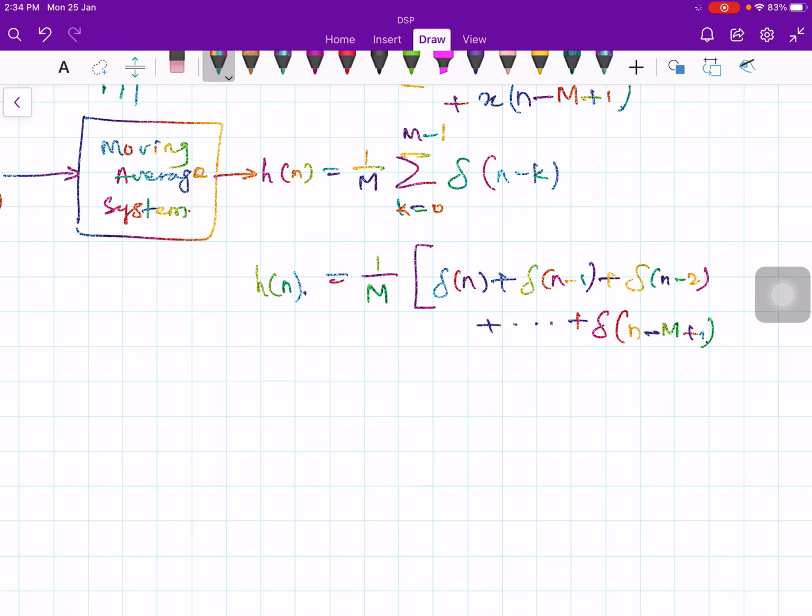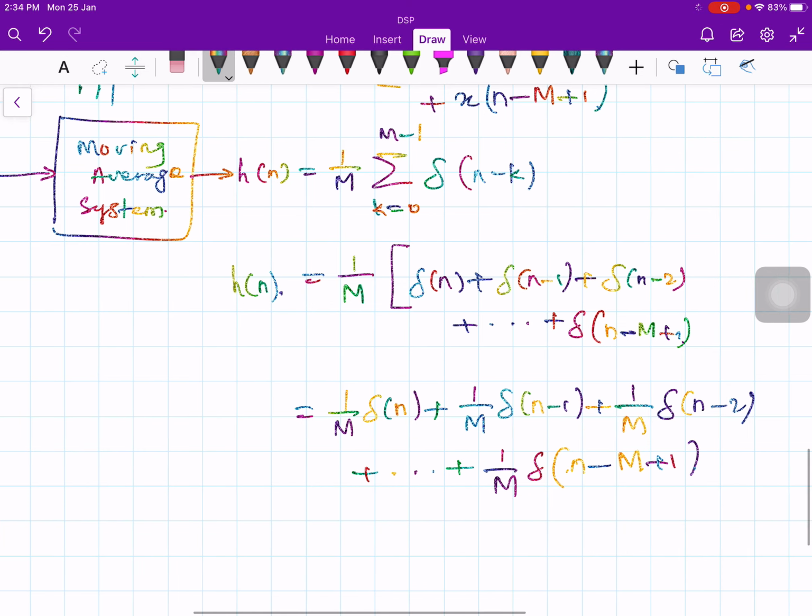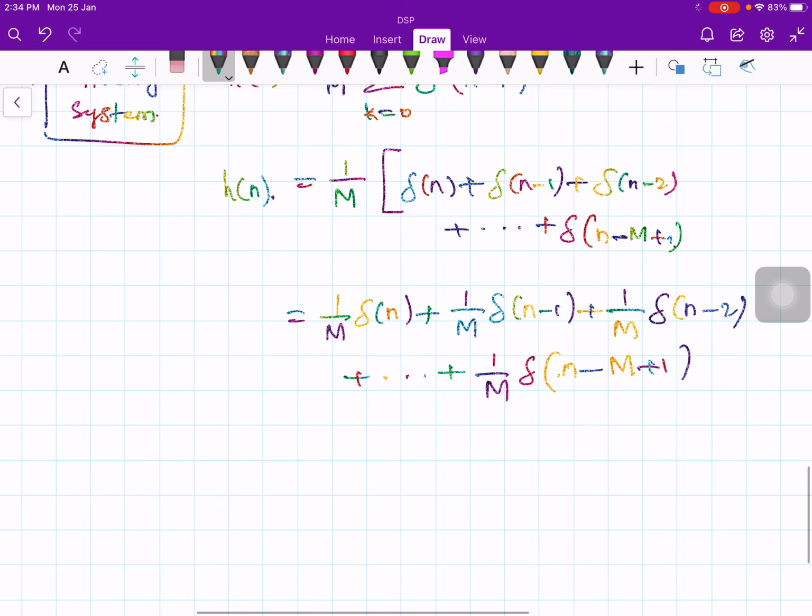You take this 1 over M inside, you will have 1 over M del of n plus 1 over M del of n minus 1 plus 1 over M del of n minus 2 plus dot dot dot plus 1 over M del of n minus capital M plus 1. How many terms are there? Capital M number of terms. These are all non-zero. Del of n is equal to 1 when n is equal to 0.